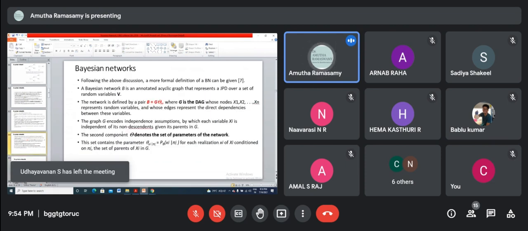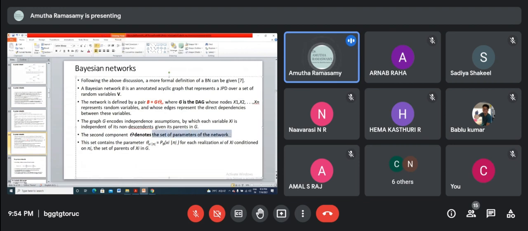Okay, so the second component, theta, denotes the set of parameters in the network. So we have a set of parameters that is being modeled using the graph, and once the graph is done, by putting the correct values in each variable and the edges using your parameters, that is your Bayesian network.